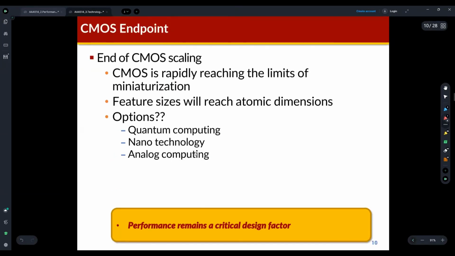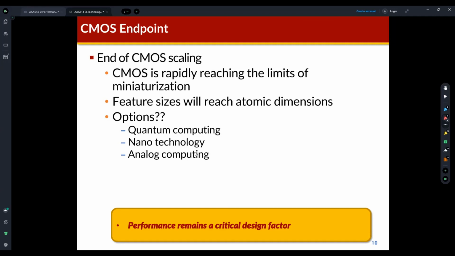Another issue is CMOS: Moore's law is ending, the end of CMOS scaling. Currently, Intel is applying a 10 nanometer semiconductor node.